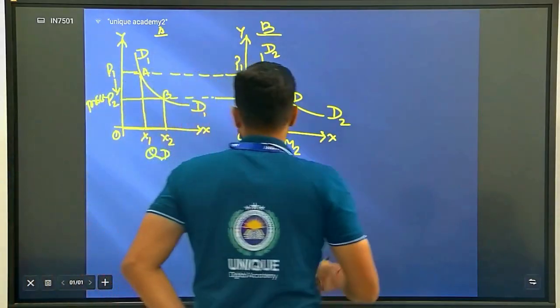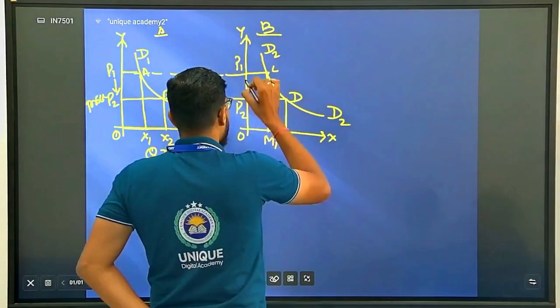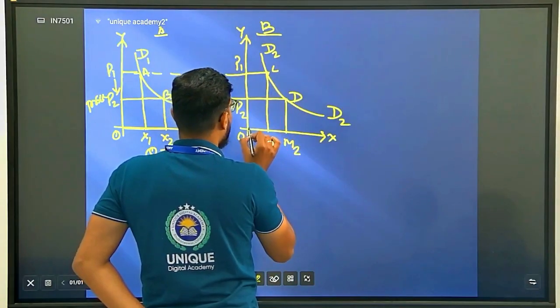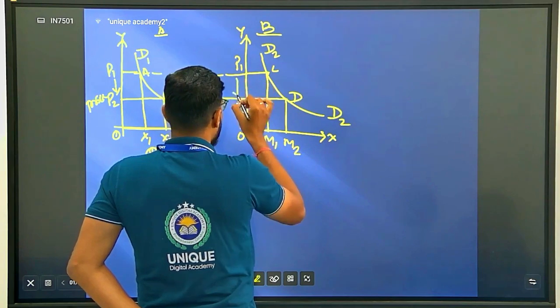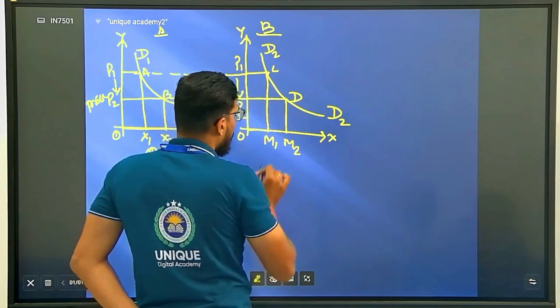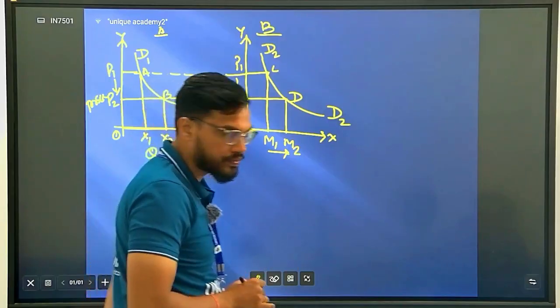When the same price prevails in the market and that price is OP1, individual B's demand is OM1, and when price declines from OP1 to OP2, demand increases from OM1 to OM2.